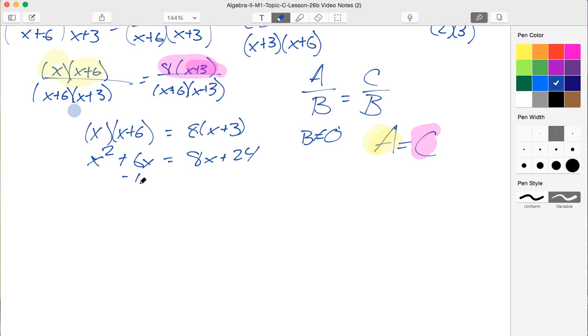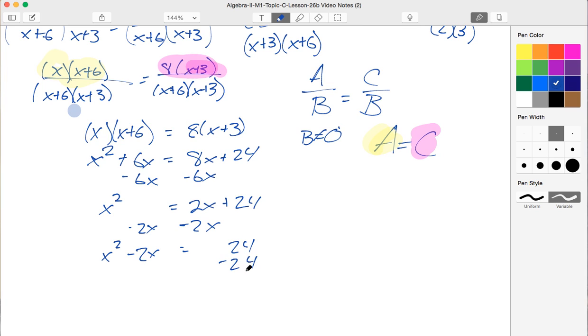At this point, go ahead and isolate x. And now you're like, wait, I have an x squared here, I have one x here. If only there was a way that we could solve for x when it looks like a quadratic.